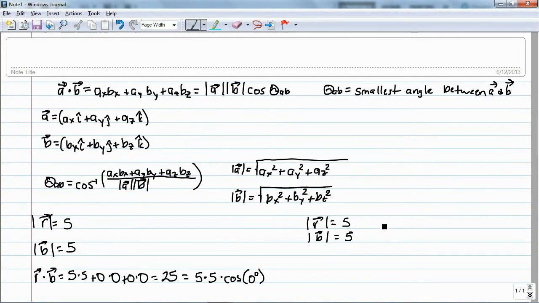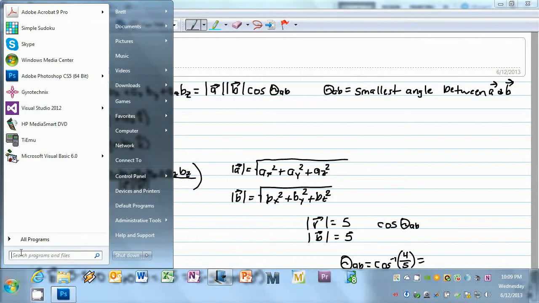But now we have this cosine of theta, and theta AB we need to figure out. So we can calculate theta AB as the arc cosine of 4, which is the adjacent side of that triangle of 4i plus 3j, divided by its length, and that is going to equal, well, we need a calculator here.